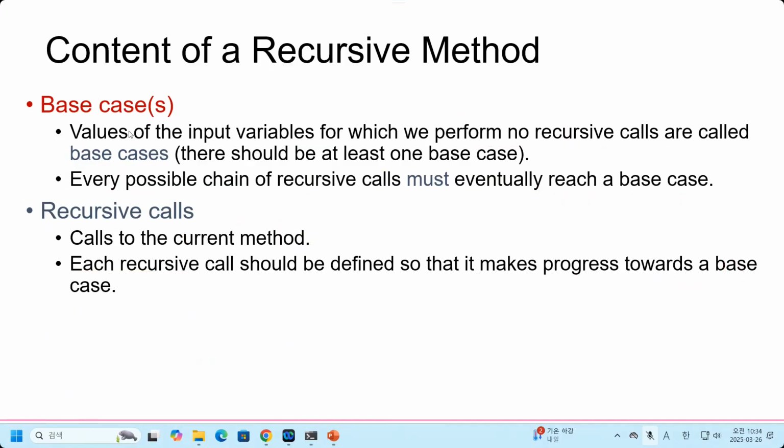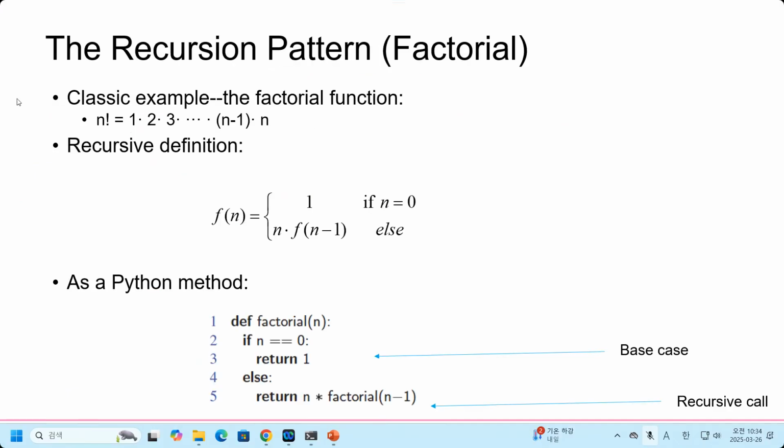Now let's see. Do you know factorial? 5 factorial. What is it? It's 5 multiplied by 4, multiplied by 3, multiplied by 2, and then multiplied by 1. This is the 5 factorial. In the definition, I have a function.